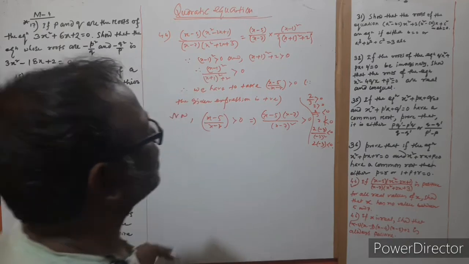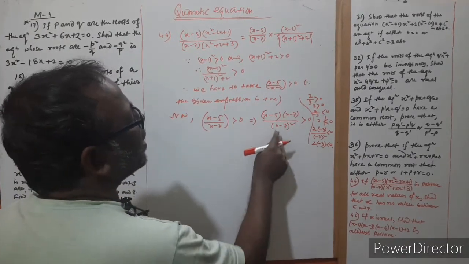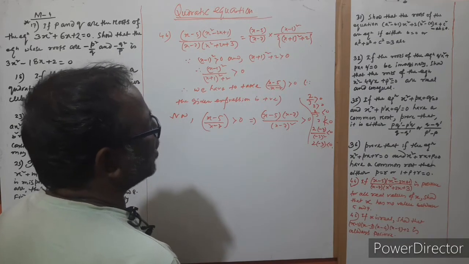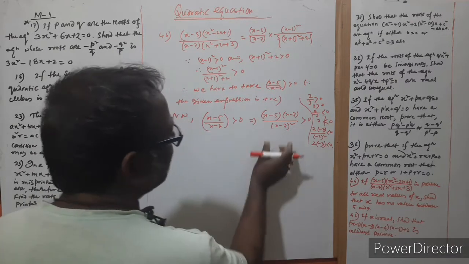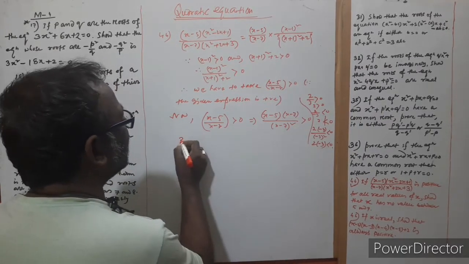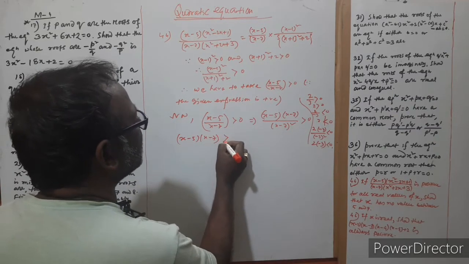So this is a technique. That's why we have to multiply numerator and denominator by x minus 7. In the numerator part we have x minus 7, and clearly this is positive, so it is transferred to the right hand side. Then we get (x minus 5) and (x minus 7), and that product is more than 0.